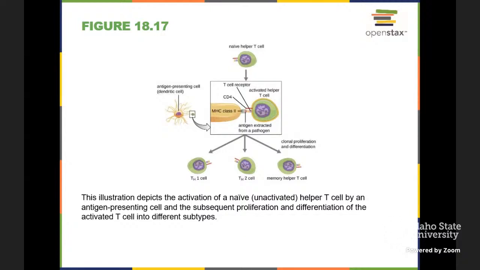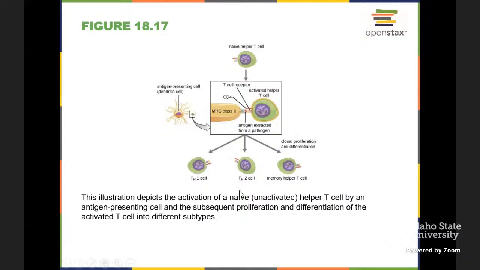All right. T helper ones are important with cell-mediated types of reactions, bringing in or helping neutrophils and helping macrophages to do their job of killing. T helper twos are the ones that do the talking to the B cells and stimulate that antibody production within those B cells.